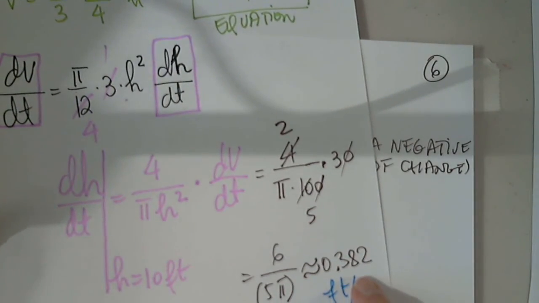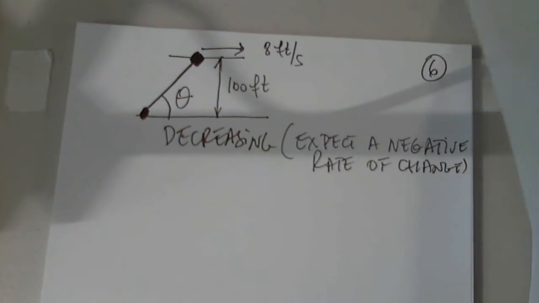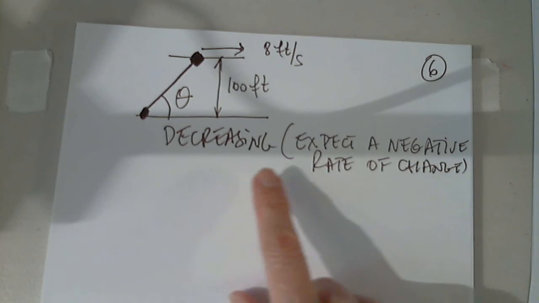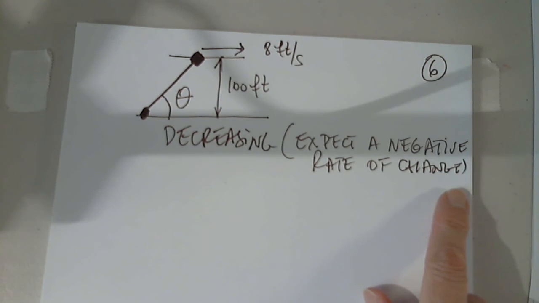Although tiny, it's still positive. It's increasing. Once I hear the word decreasing, I make myself a note. If you don't get a negative rate of change, go back to the drawing board. Something is wrong.